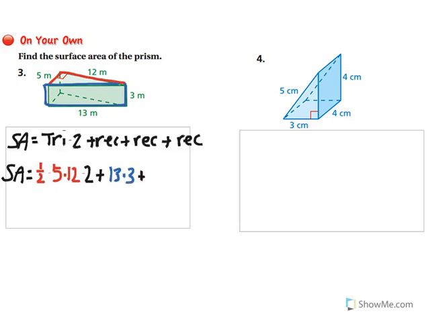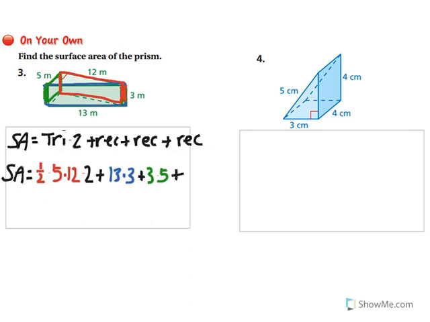And then plus, I have my rectangle here in the back. This one is going to be 3 high. You see how it's 3 here and it's 3 here. So it's 3 high and it's over 5, so 3 by 5. And then plus my last one, right over here, we'll call it 12 by 3.